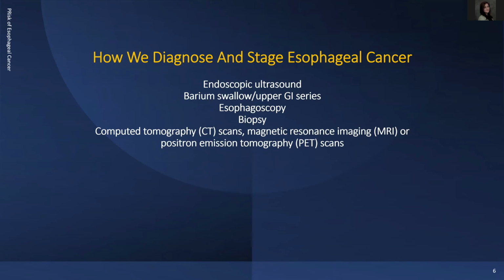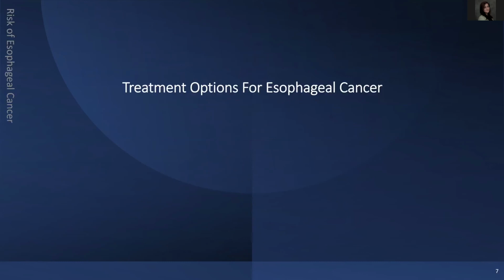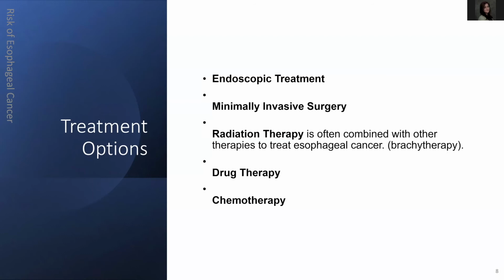Combining all of this information allows us to stage the patient's esophageal cancer and then have a patient-physician discussion about what the treatment options would be. The treatment options for esophageal cancer vary depending on the stage of the disease and the health of the patient.